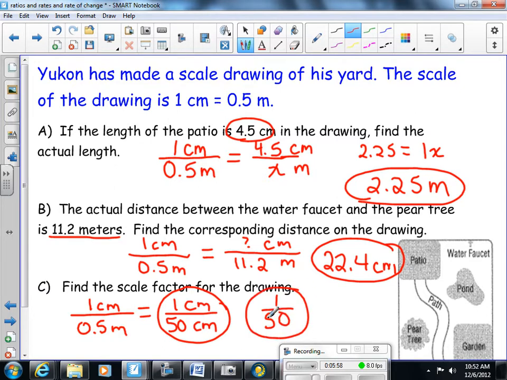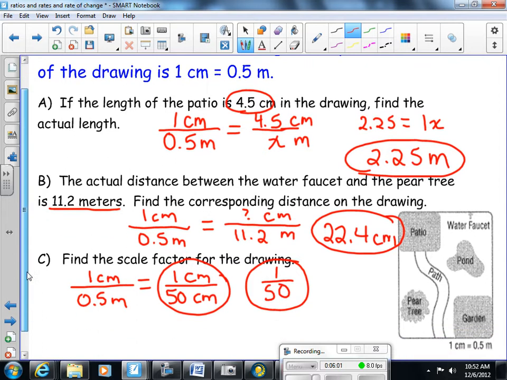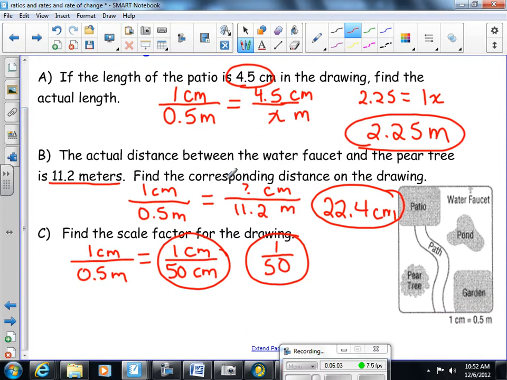Now, if you were given some information, let's say that, like in this problem, we were told that in the picture it's 22 and 4/10 centimeters, and in real life the distance between the water faucet and the pear tree is 11 and 2/10 meters.